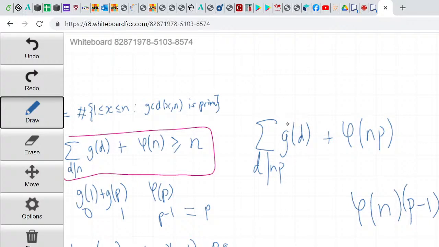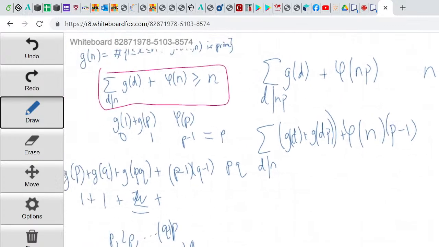And here, the d either contains a p or it doesn't. This is a sum, d divides n. So it should be something like this: g of d plus, and the same divisor could have a p on it. It seems to be something like that.